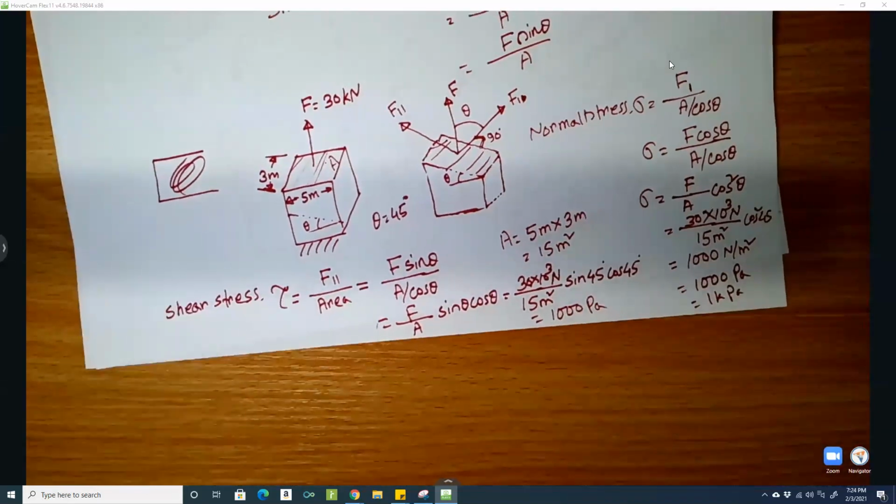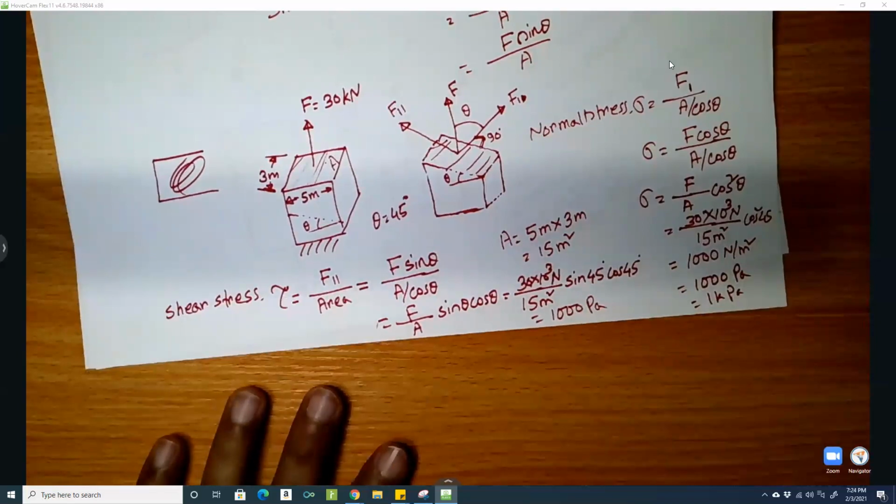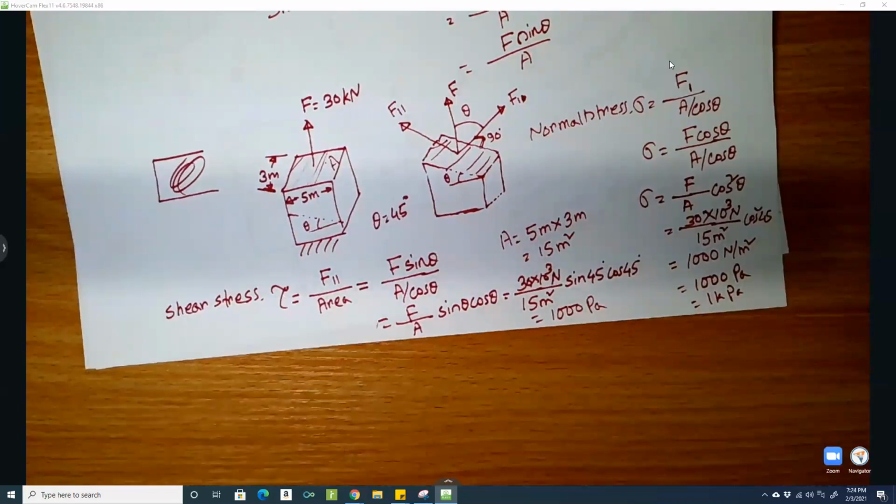So in this example, I introduced the concept of normal stress and shear stress. Again, normal stress is the stress which is caused by the normal force, and the shear stress is the stress which is caused by the shear force. So what is normal force?